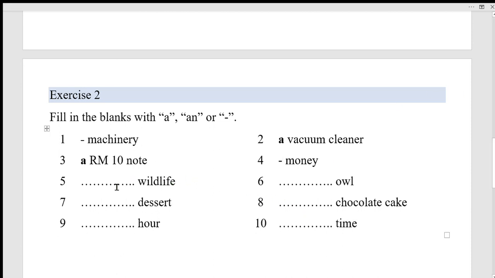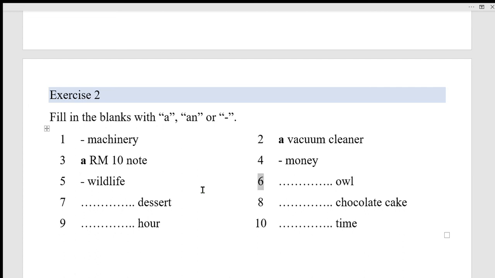Now number 5, wildlife and owl. Wildlife adalah haiwan-haiwan liar, atau haiwan atau tumbuhan liar. And then owl, I believe that you know what owl is, isn't it? So we should say wildlife, put dash, because this is an umbrella term.